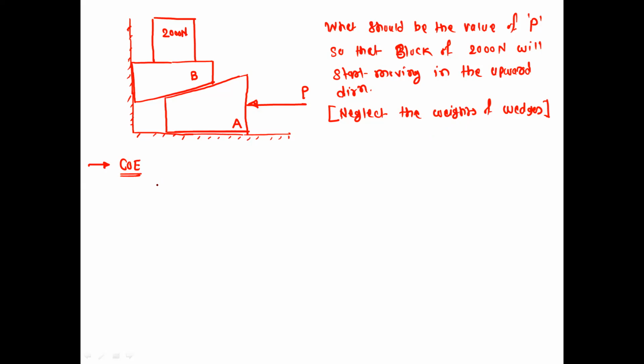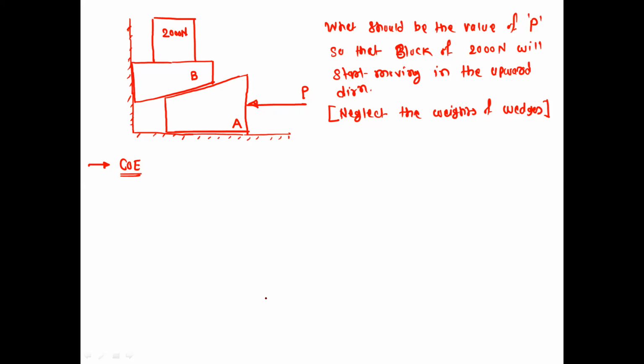When we use the conditions of equilibrium, our first step is to draw the free body diagram. For the free body diagram, we have to observe the impending motion. Here, as the force P is applied on wedge A in the leftward direction, the motion of wedge A will be on the left side.